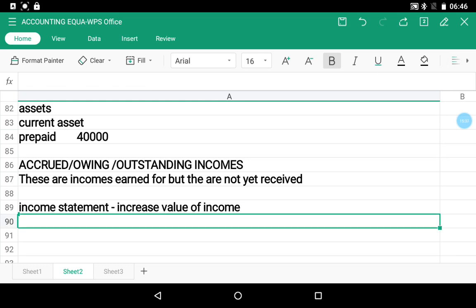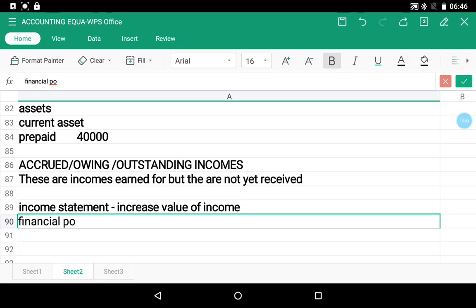Then under financial position, it is recorded in current assets.